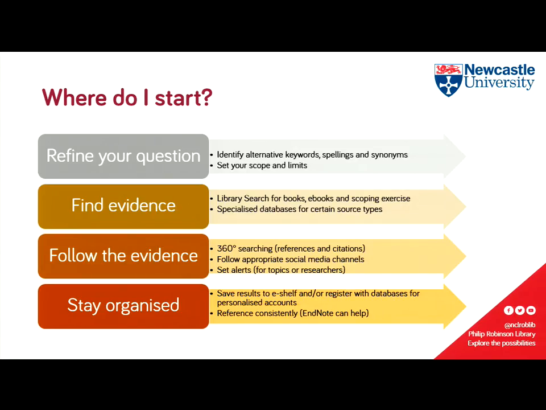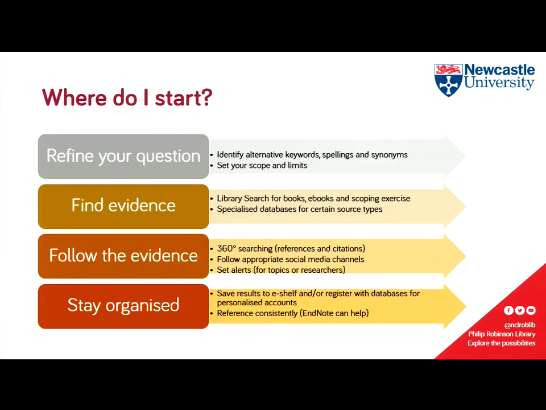The next thing that we're going to do, once we've had a look at that, is we're going to see how you would follow evidence. So once you've actually found a really useful paper, you've identified a really useful researcher or individual that you want to follow up, see what else they've published, how you can use the resources to actually go about following the evidence, leading you onto different areas of study, and the most up-to-date information on your particular topic.